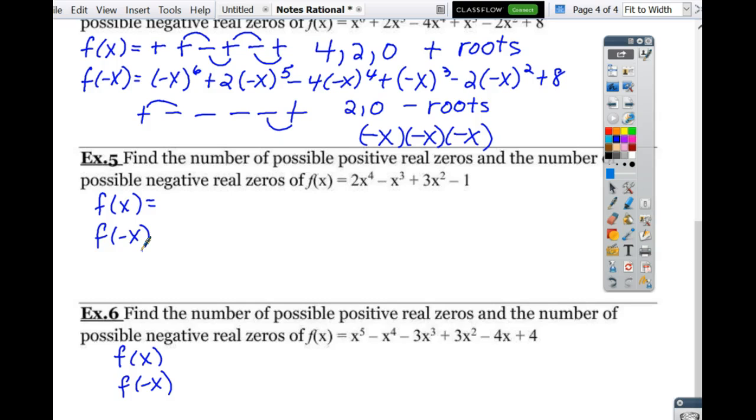Just do what's here. If you can do it in your head, you just do it in your head.